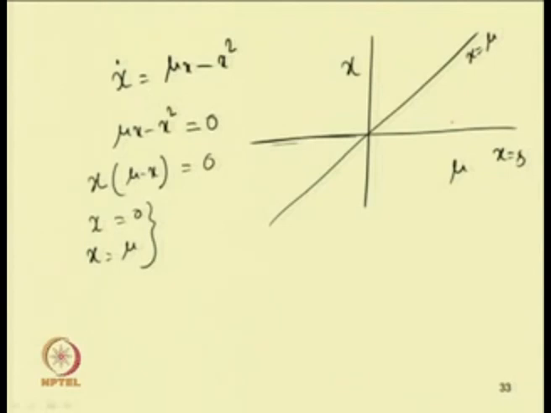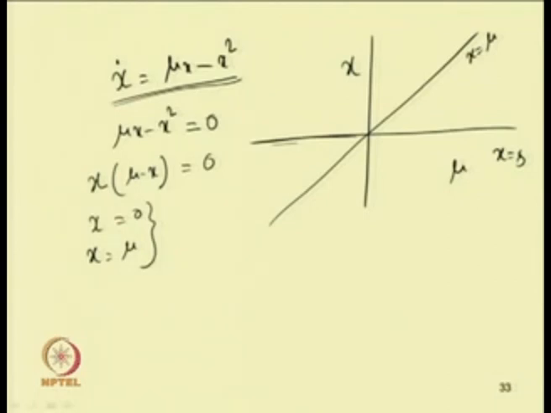To find the stability, we can either linearize this equation, or from our previous analysis we have seen that the Jacobian matrix can be obtained by finding the first derivative.